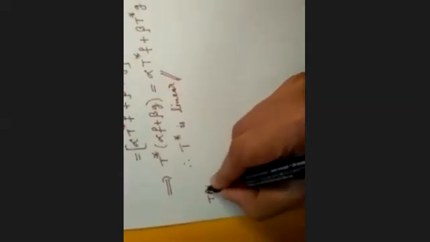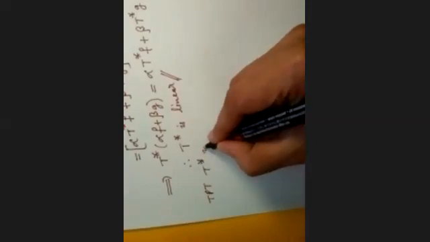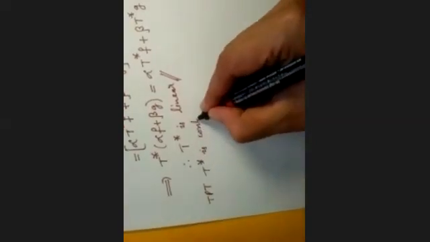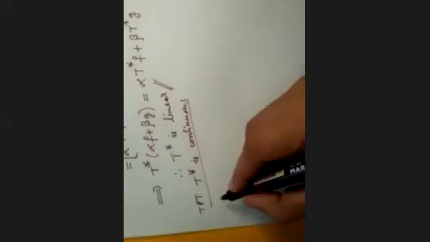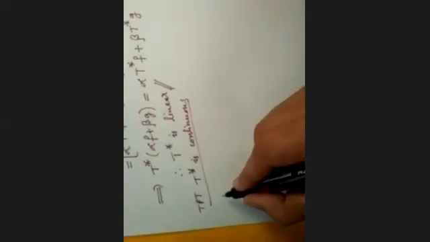T star is linear. We have to prove it is continuous. Next, to prove that T star is continuous, we'll prove it is bounded.